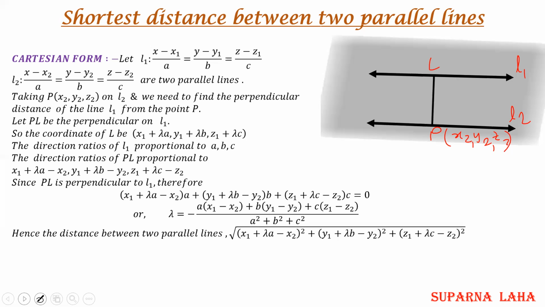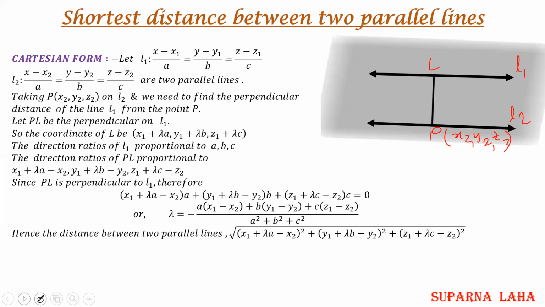You can use the same point and line formula, the perpendicular distance from a point to a line, and you can easily find the value of lambda, and you can use the 2-point form to easily find the shortest distance between two parallel lines.